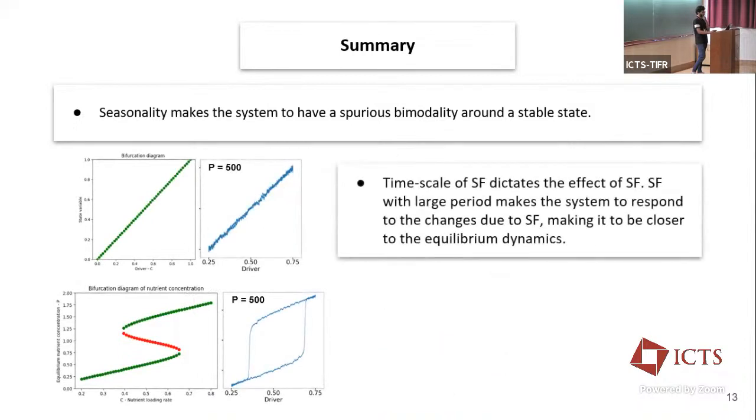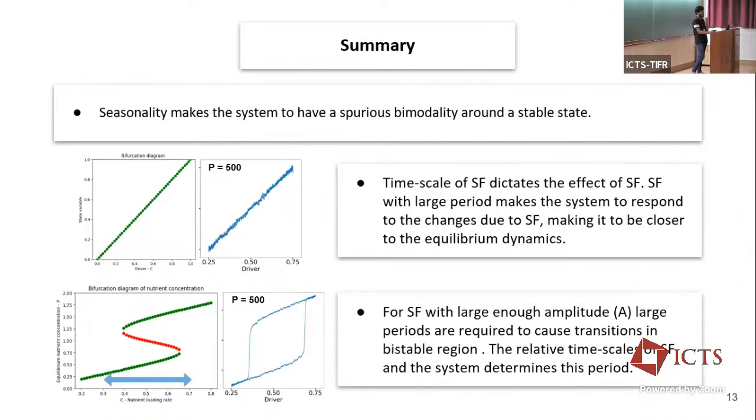And similarly, seasonal forcing with large periods makes the system respond to the changes and be closer to its equilibrium state. So when the seasonal forcing changes are very slow, or the period is very large, the system actually tracks the changes in the driver and undergoes transitions at the tipping points corresponding to the bifurcation diagram you can see here.